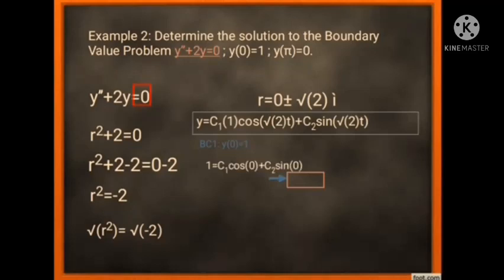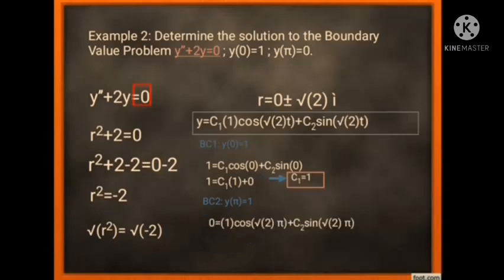Boundary condition 1, y(0) = 1: 1 = c1 cos 0 + c2 sin 0. Cosine 0 is 1 and sine 0 is 0, so c1 is equal to 1.